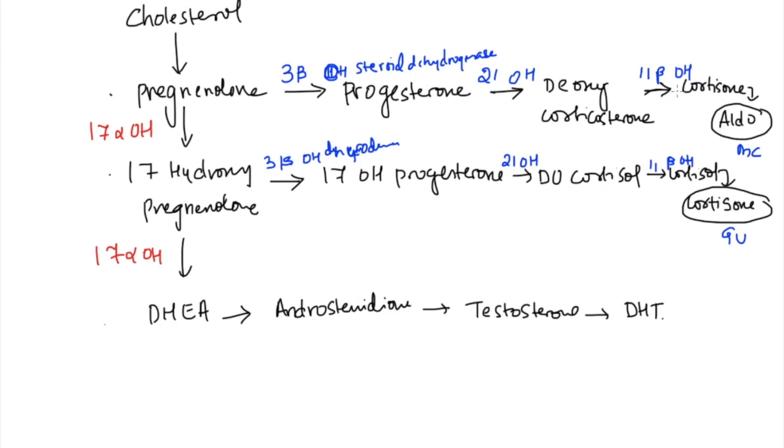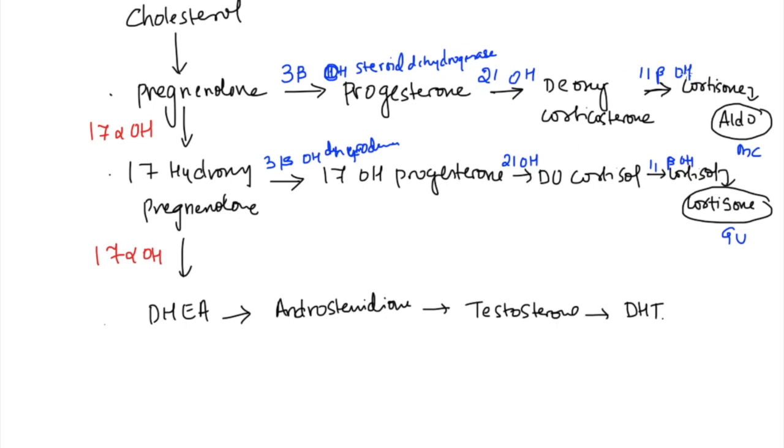If 11 is absent, again you will not have corticosteroid, but deoxycorticosterone will have some amount of mineralocorticoid activity. Similarly, deoxycortisol will have some glucocorticoid activity. So 11 beta hydroxylase will not be present early. So there will be some amount of mineralocorticoid and glucocorticoid activity.